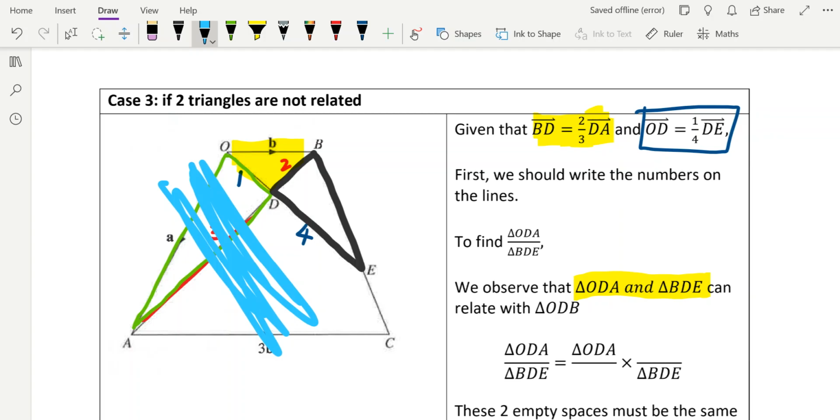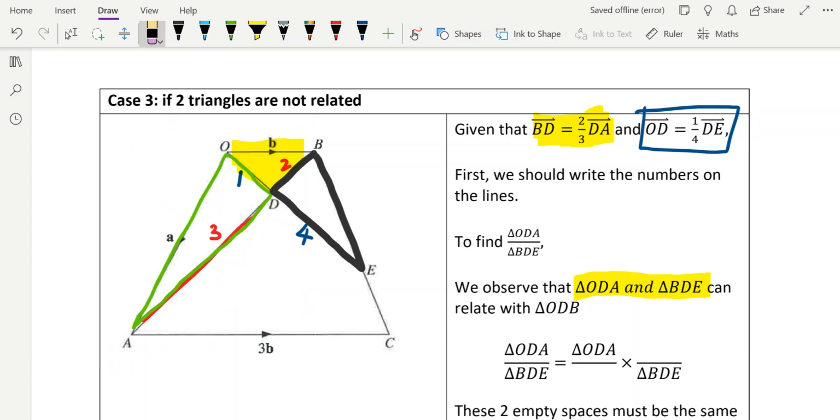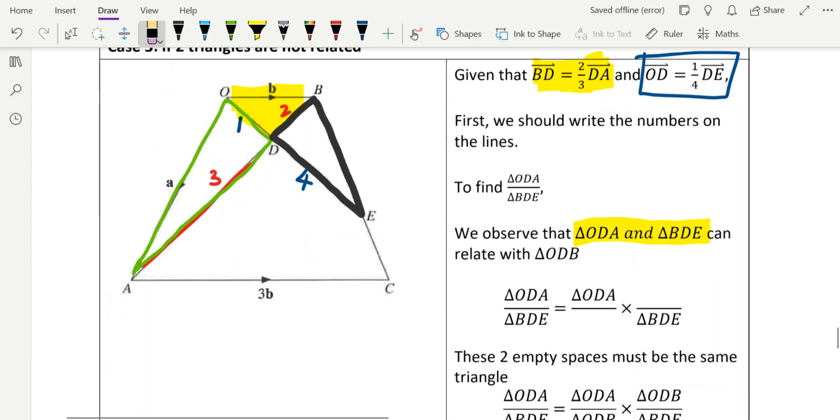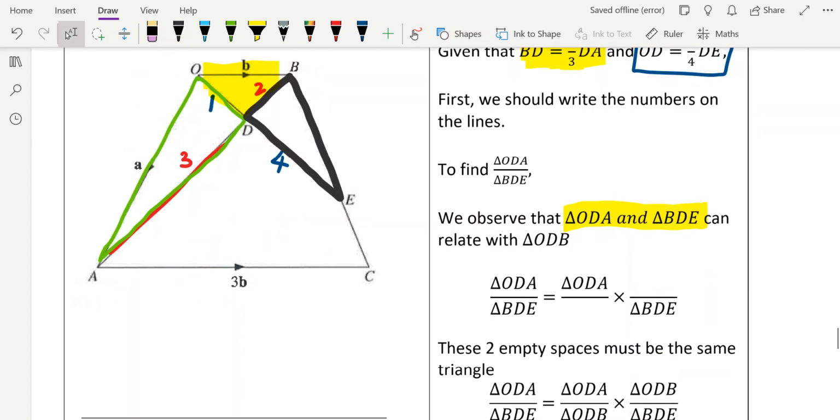So that's why, in order to solve this kind of question where they are not related, your thinking process is now this. ODA, which is the green one, must be the numerator, so I keep it as the numerator. DBE, which is the black one, is here.